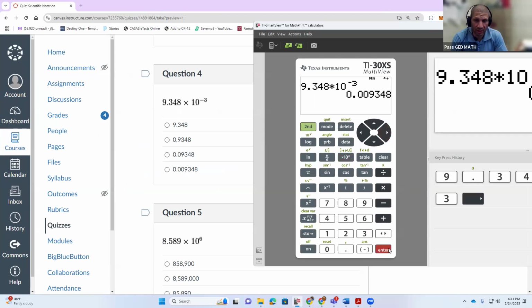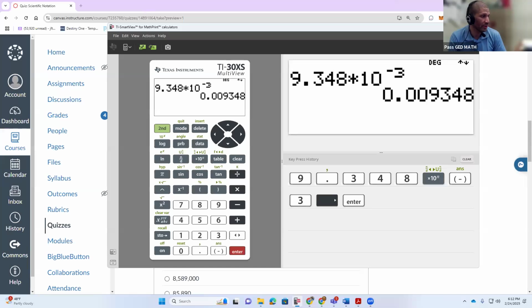When you press enter, it'll give you the correct one, which is, again, we moved it 3 places, so it's 2 zeros in front. This would be this last one here. So again, there's a way you can use your calculator to go back and forth between scientific notation.